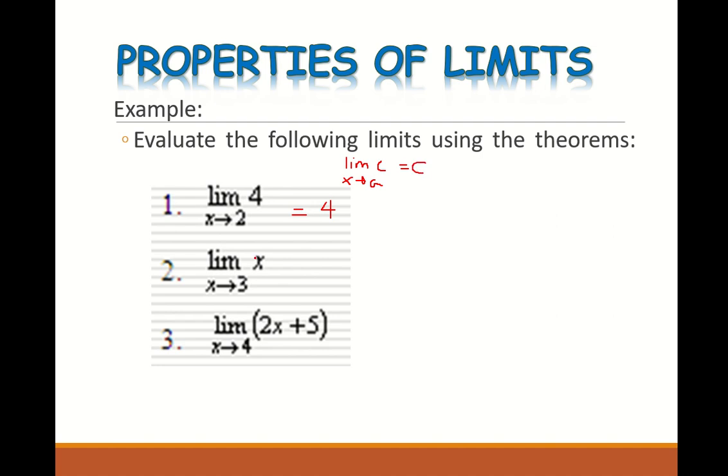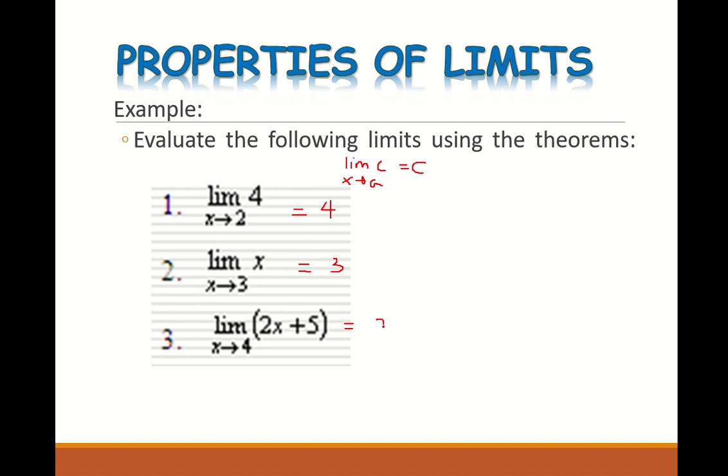Now how about this? Limit of x as x approaches 3 is equal to 3. So we have here limit of the quantity 2x plus 5 as x approaches 4.